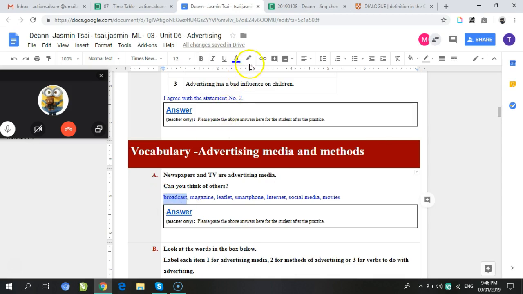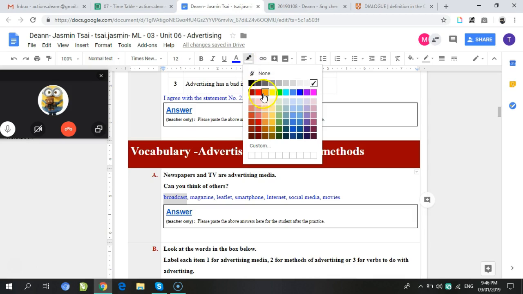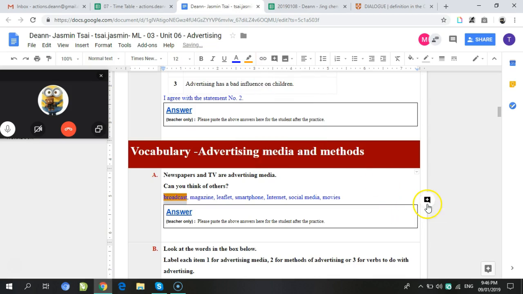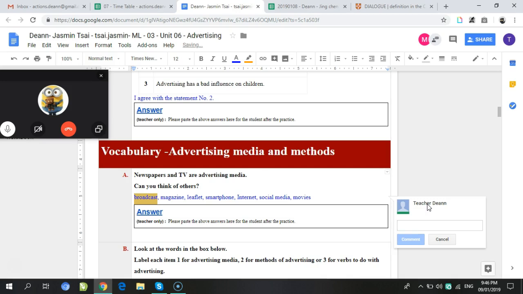Okay, so the first one is broadcast. Okay, very good. I see. Magazine, leaflets, or like the brochures, smartphones, internet, newspapers, and TV.